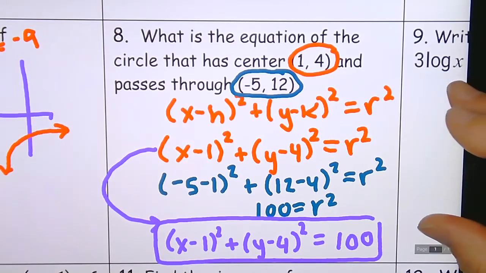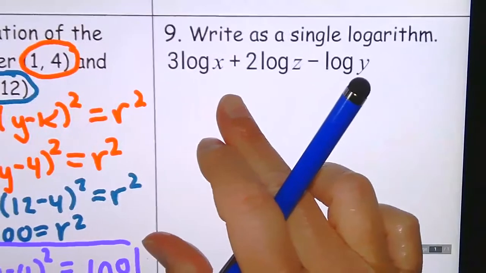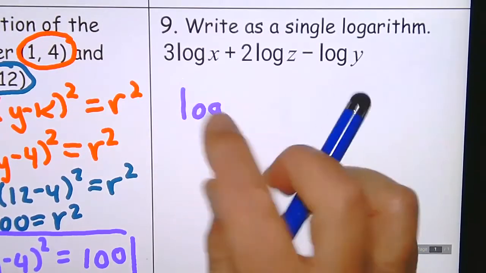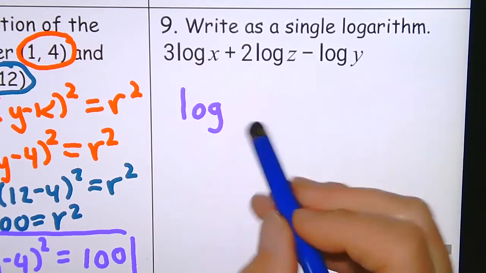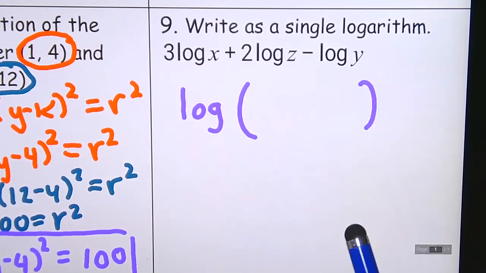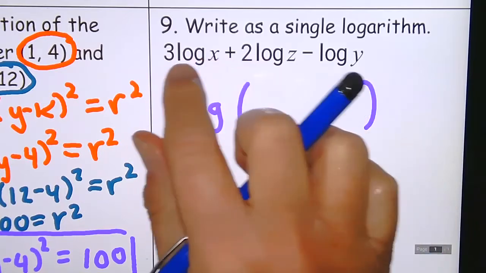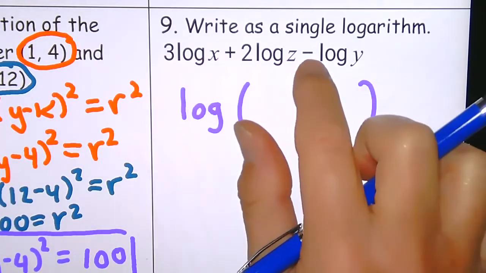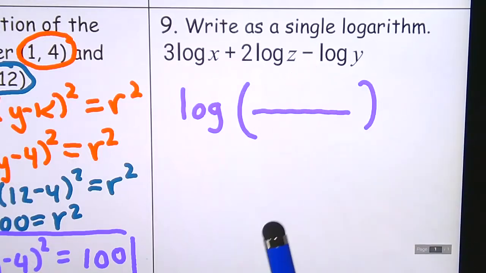On number 9, we want to write this as a single logarithm. So I'm going to start off with log, and these are all base 10, your common log, so you don't need to write a base here, of something. Now, these things that are positives, or with a plus, those are going to be on top, multiplying. Anything with a minus is going to be on bottom. So I'm going to have a fraction.